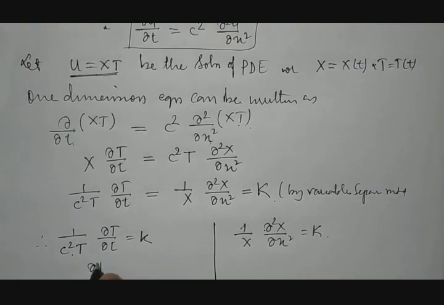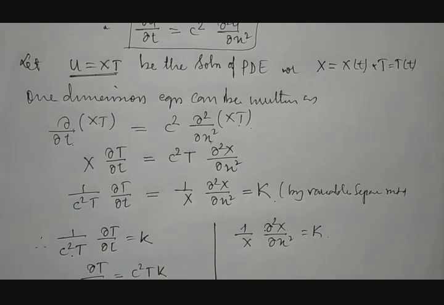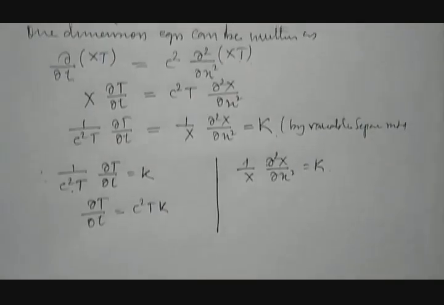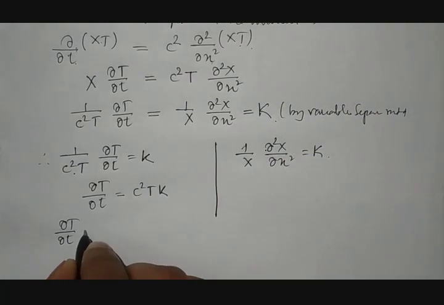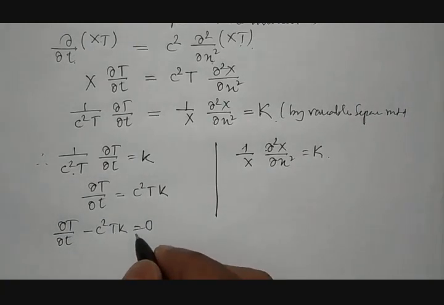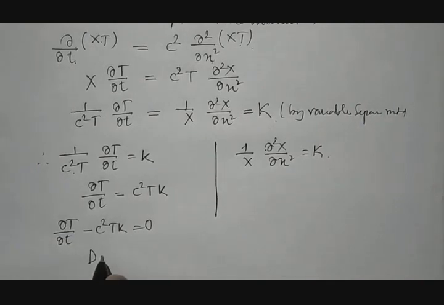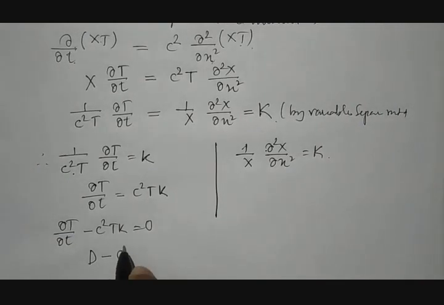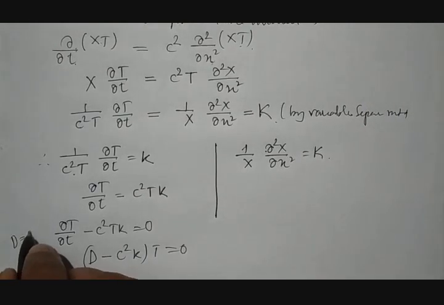Then it becomes ∂T/∂t = c² T k, or else ∂T/∂t − c² k T = 0. So this result can be written as (D − c² k) T = 0, where D is nothing but d/dt.